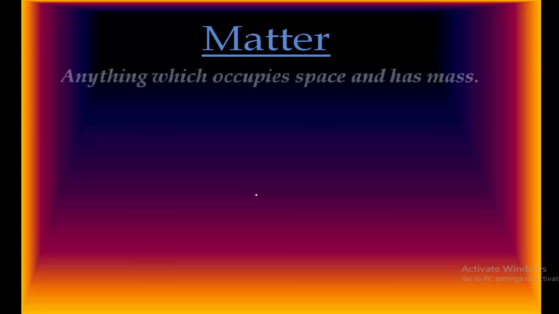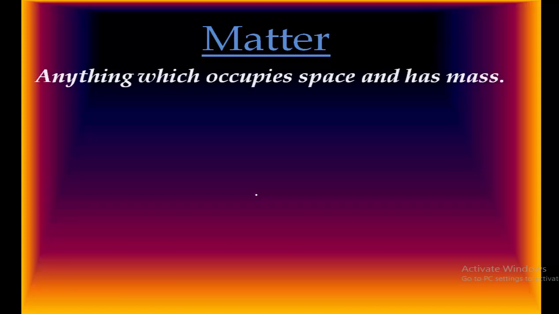Matter is anything which occupies space and has mass. Whatever substance you observe in your surroundings, if it occupies some space and has mass, then it is considered as matter.